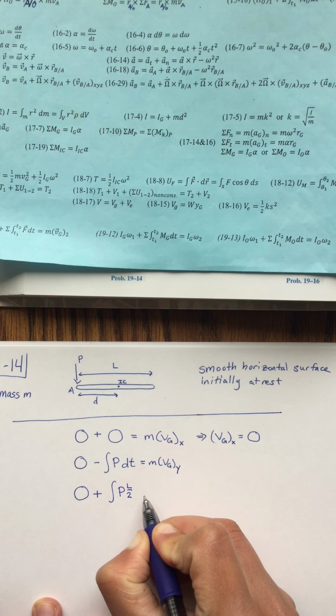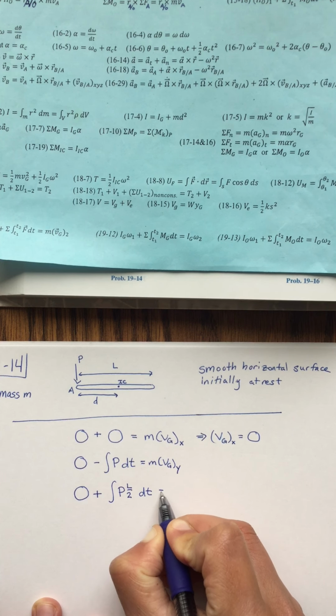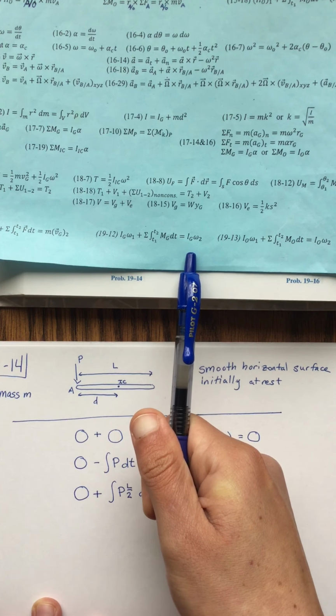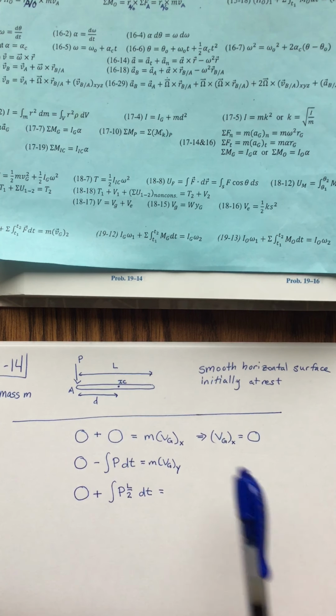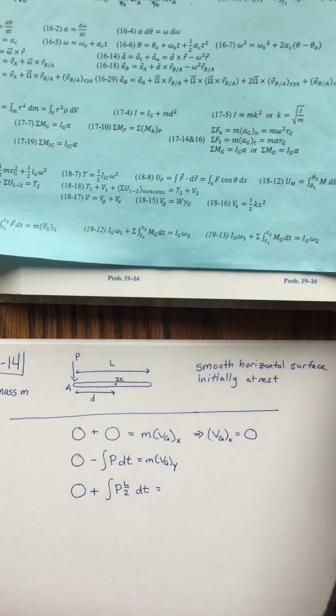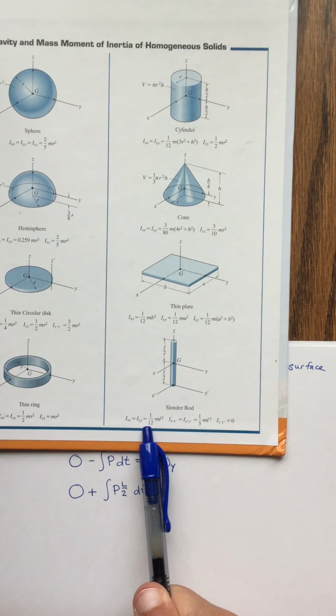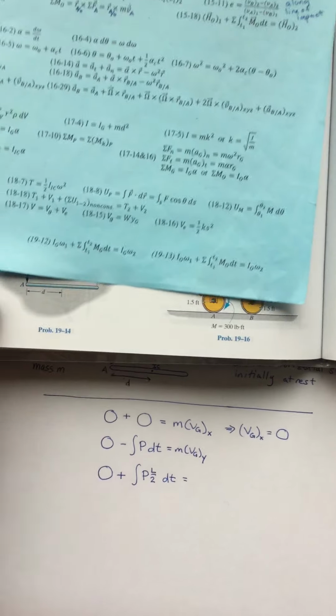Then I integrate with respect to t. And this is equal to the moment of inertia about G. Okay, so we have a slender rod here, and we're looking for the moment of inertia about the mass center, the center of the rod, which is 1/12 ml squared.